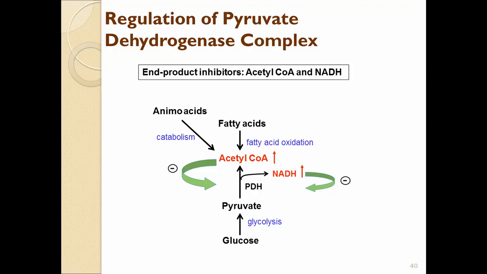Acetyl-CoA, and we're going to talk a lot about it later, is a very important, essential molecule in energy metabolism. It connects the metabolism of the three macronutrients, oxidative metabolism, right? Again, acetyl-CoA can be generated from oxidation of glucose, amino acids, and fatty acids.